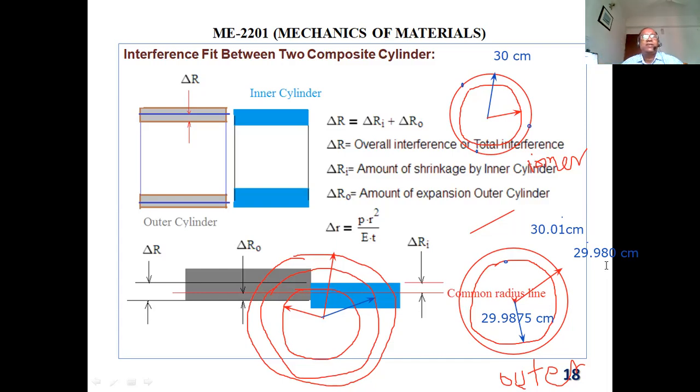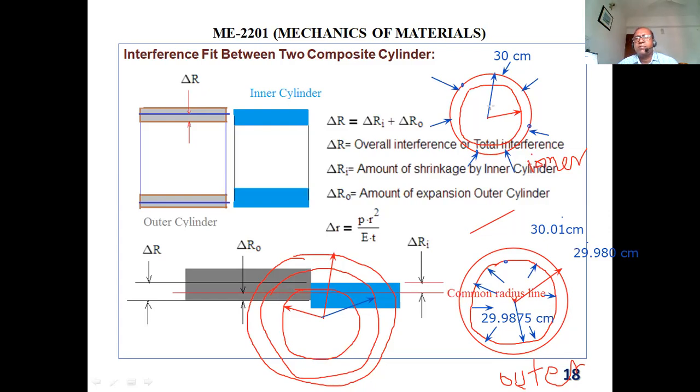That means the inner cylinder will experience a pressure from outside, from the outer cylinder. And the outer cylinder will experience pressure right over here, this one. And this pressure is coming from what? Coming due to interference fit.